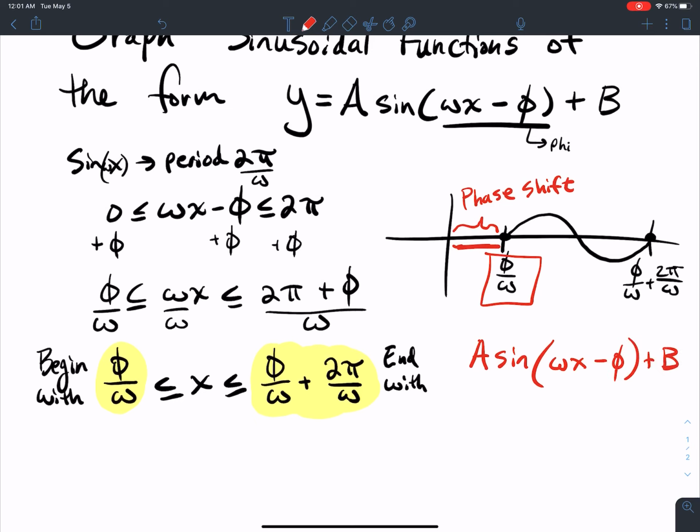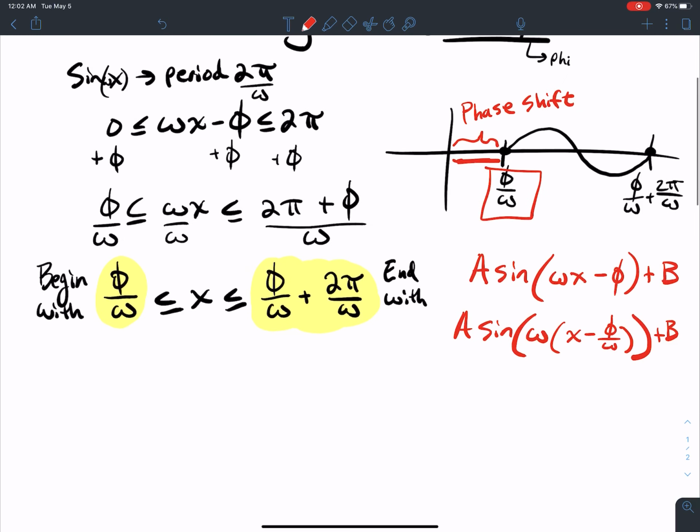I'm going to factor out an omega. So I pull the omega out. What do I have? I have x minus phi over omega in here, plus b. Okay. So keep that in mind as you go about doing these.